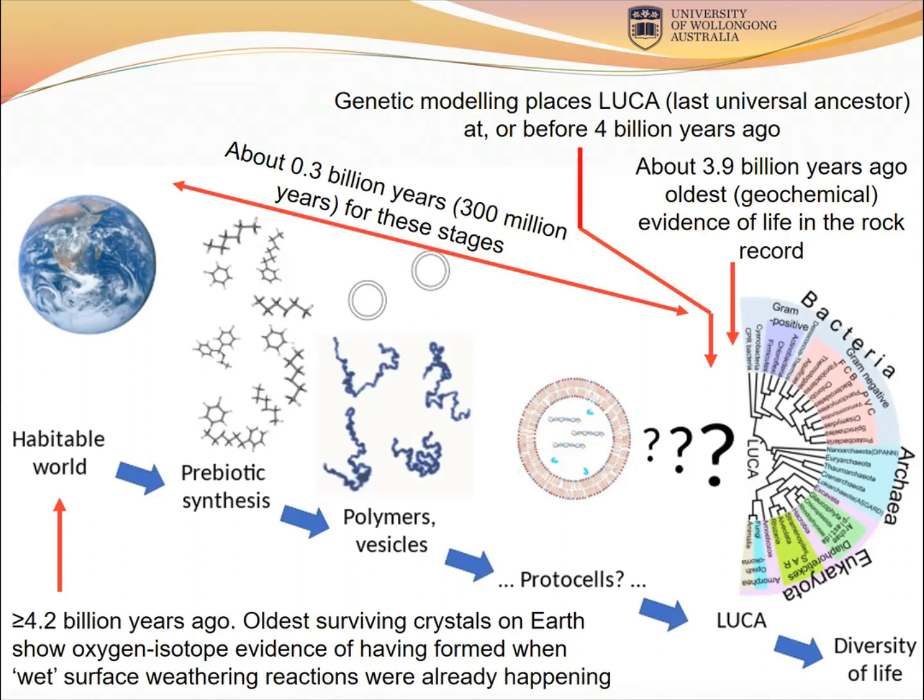And you've got to go through 300 million years of pre-biotic synthesis, various sorts of polymers that end up being enclosed in vesicles and then through to protocells. So that's a 300 million year time frame in order to go through all those stages.